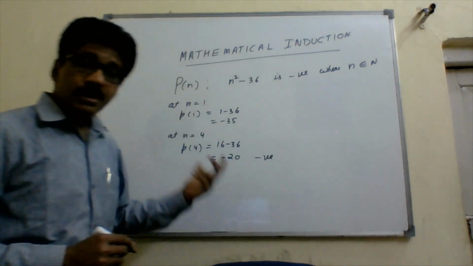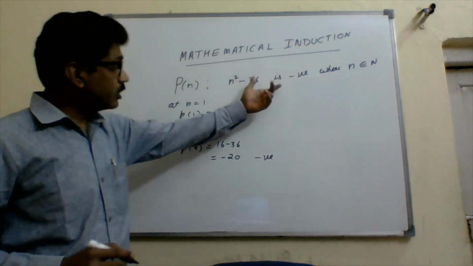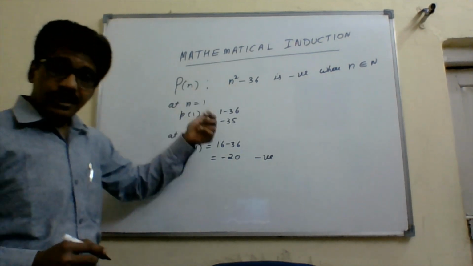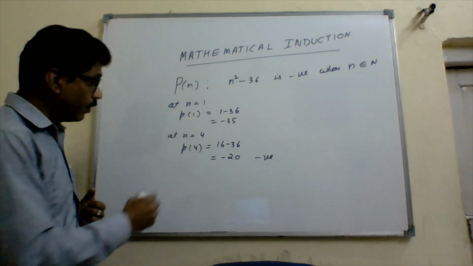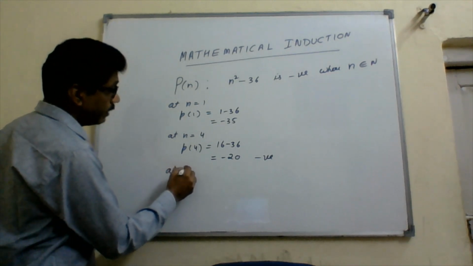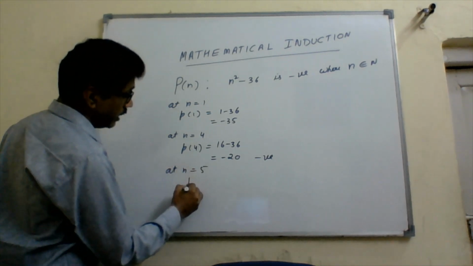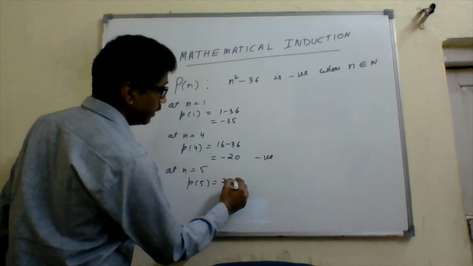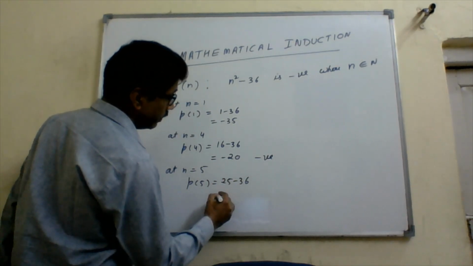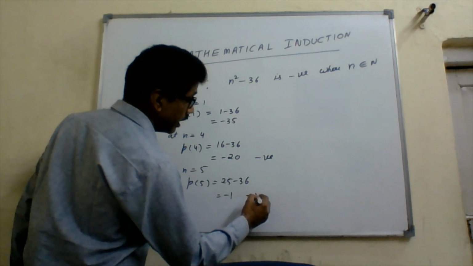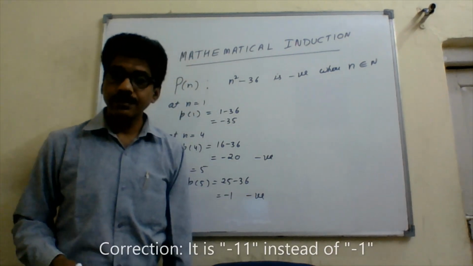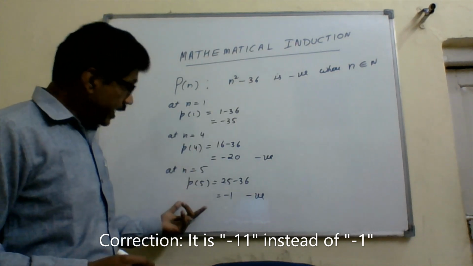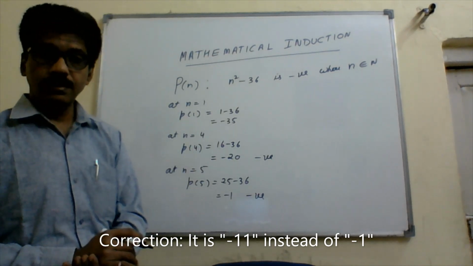So this way you can see that this statement is true for n is equal to 1, 2, 3, 4, even at n is equal to 5. P(5) is equal to 5 square, which is 25, minus 36, which is minus 11, again a negative number. So this statement is true at n is equal to 5 also.